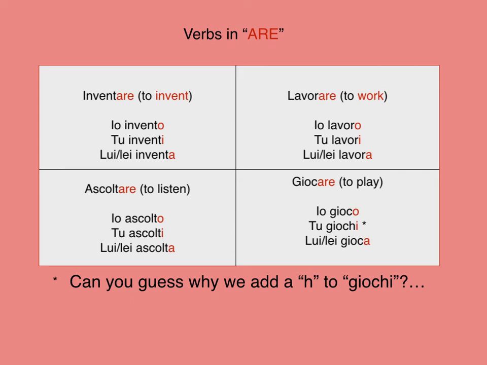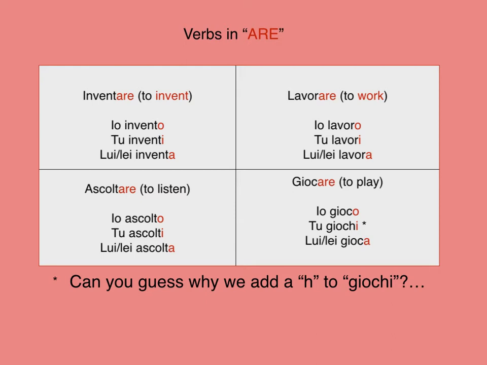Now, let's have a look at different verbs in are. Inventare, so again we drop the are, and then we add different endings for the different pronouns. Io invento, tu inventi, lui, lei inventa. Lavorare, io lavoro, tu lavori, lui, lei lavora.